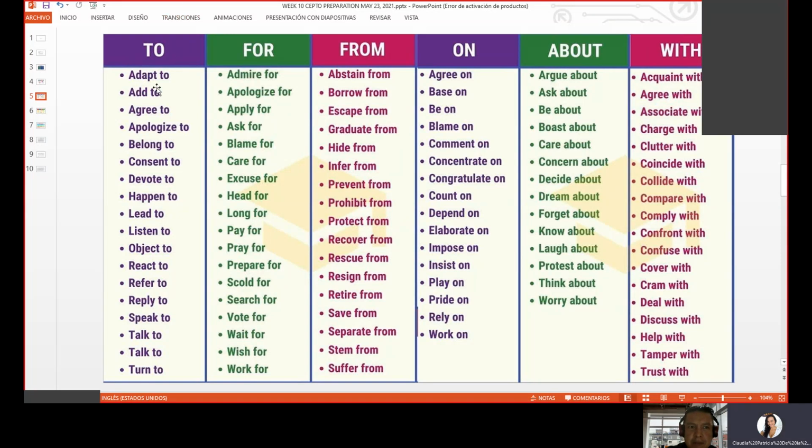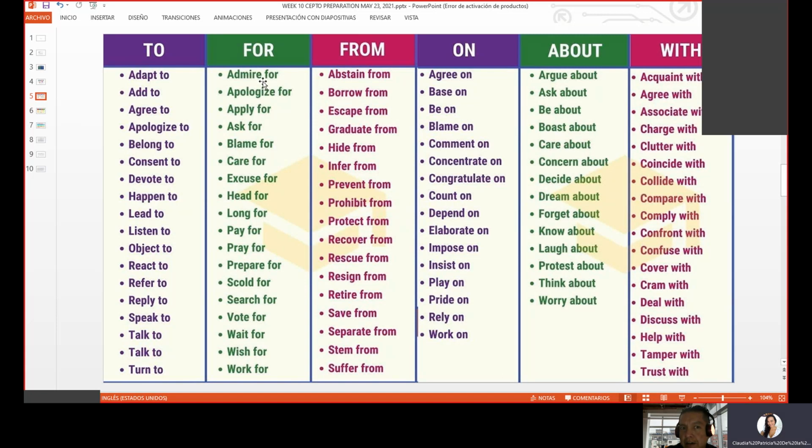Keep in mind that when you use certain verbs, you're going to use "to." When you use other verbs, for example, admire, you're never going to say "admire to."